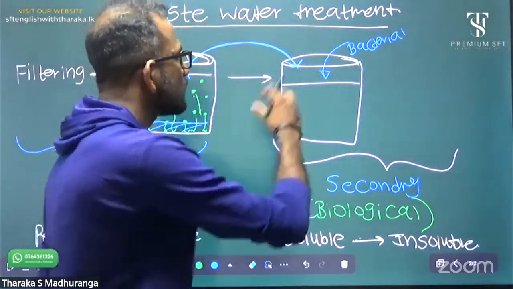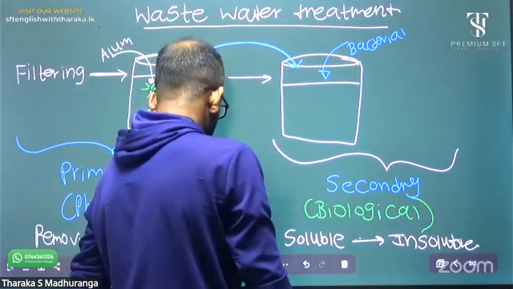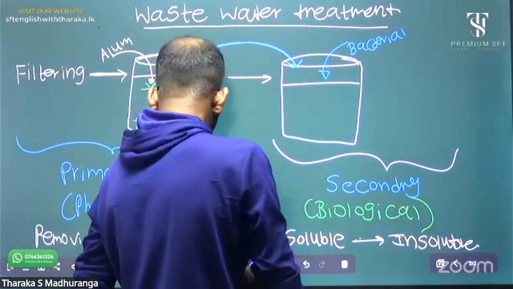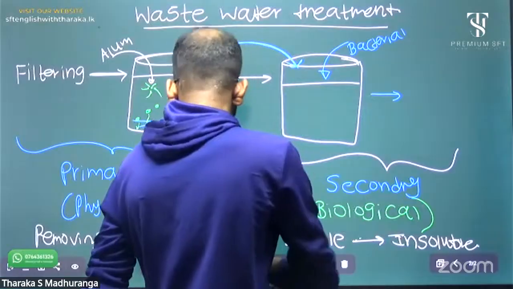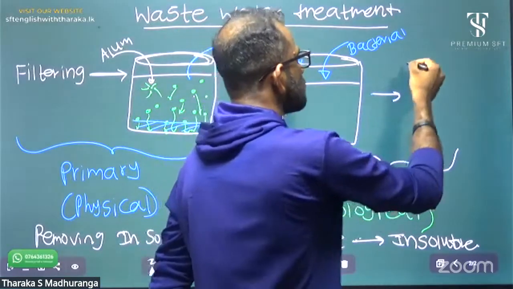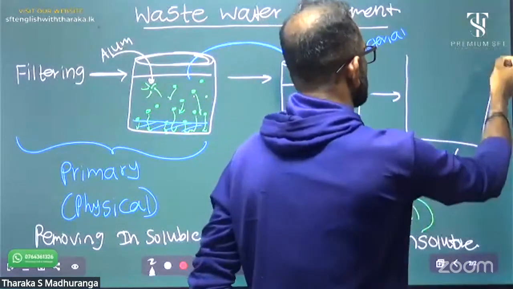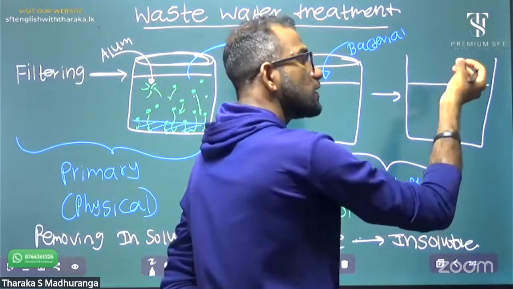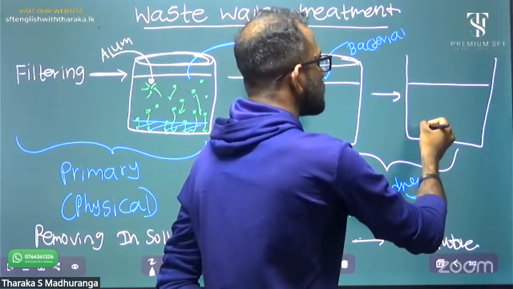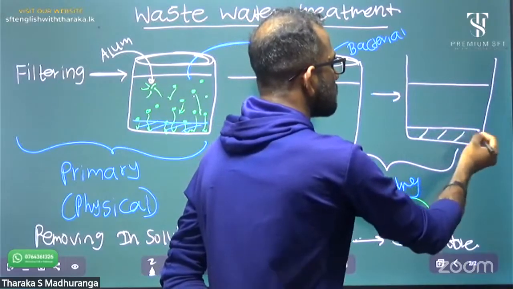Okay, after this microbial digestion, again this water is transferred to a precipitation tank, which we call secondary precipitation. In the secondary precipitation, these insoluble compounds again precipitate.